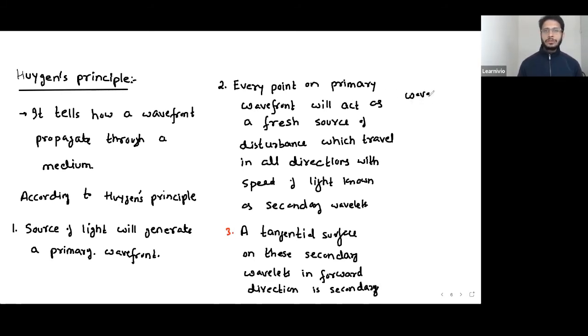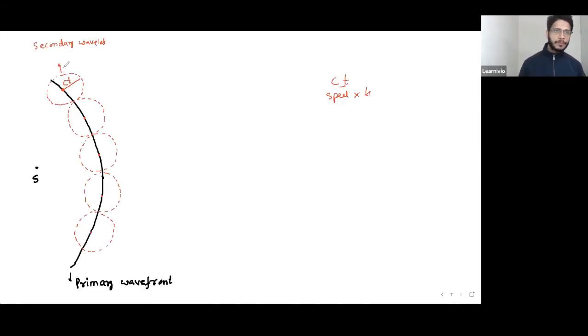So a tangential surface which is touching these secondary wavelets in the forward direction is known as the secondary wavefront. So if I draw a tangential surface touching all these secondary wavelets, it is known as the secondary wavefront.